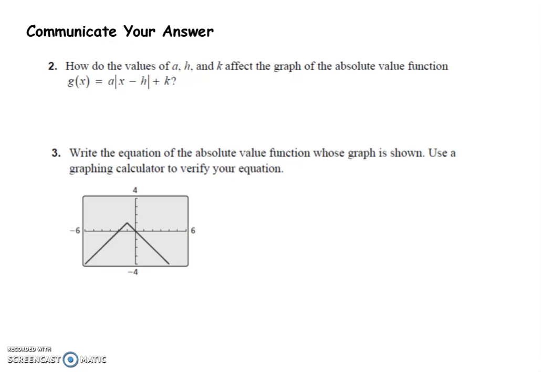So the question was, how do the values of A, H, and K affect the graph of the absolute value function? So A tells us whether or not there's a vertical shrink or stretch. It also tells us if it's been reflected over the x-axis.